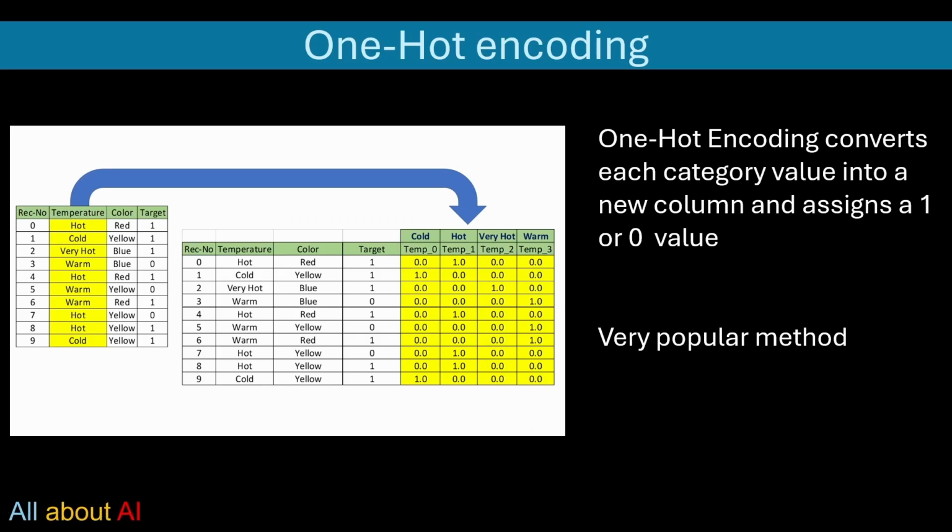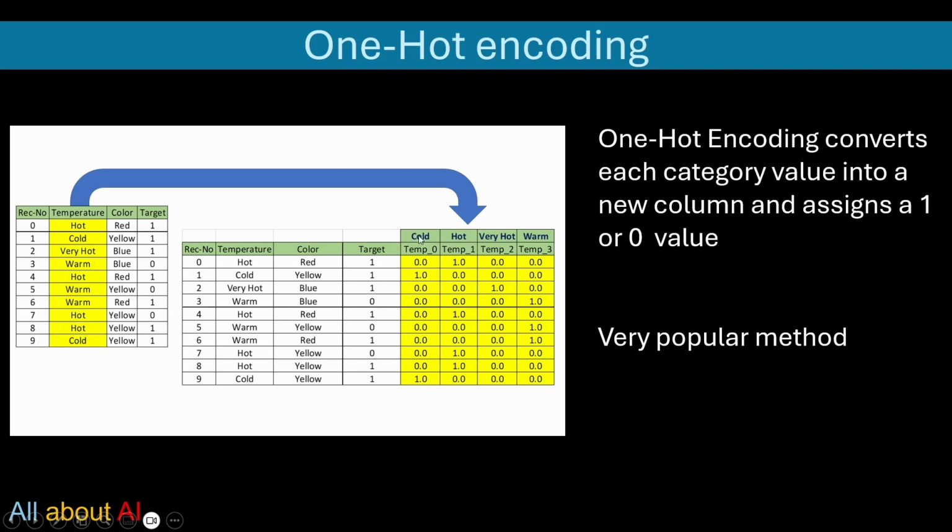So first we'll start with one hot encoding. In one hot encoding, we convert each category value into a new column and assign a value of either 1 or 0. It's a very popular method. If you just take the temperature example, here for temperature, there are 4 values.